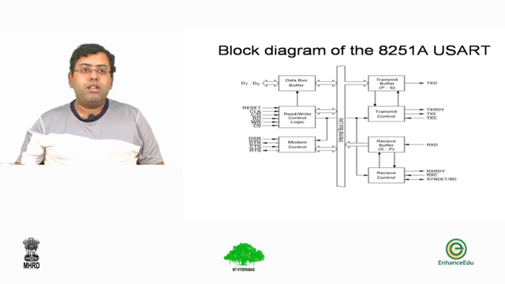Apart from this, there is also the modem control for controlling the rate of transfer of data and whether it is a data terminal or data communication equipment, and there is also the control unit to issue the control signals to the different components.